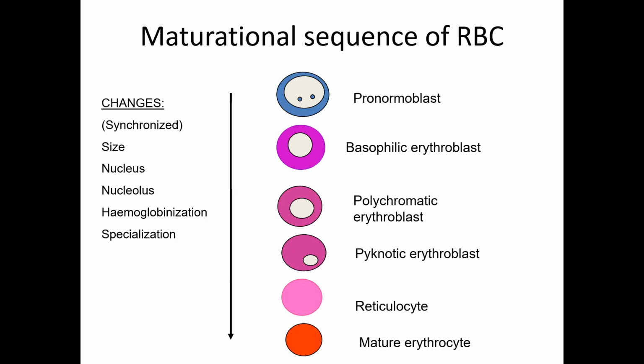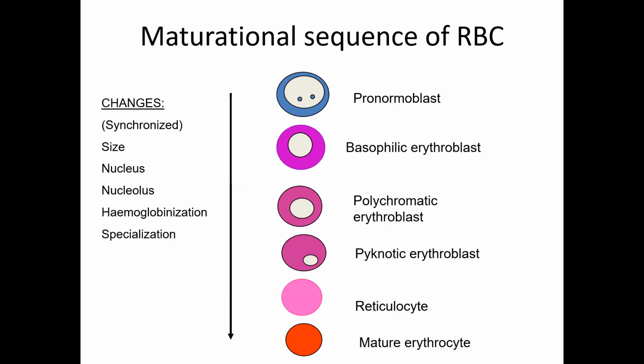The reticulocyte is a cell we use very much in medicine or in the laboratory. When we want to look at red cell production, we are able to measure the reticulocyte, and by looking at whether the reticulocyte count is raised or reduced, we're able to get information about whether there is an increased erythropoiesis or reduction of erythropoiesis.